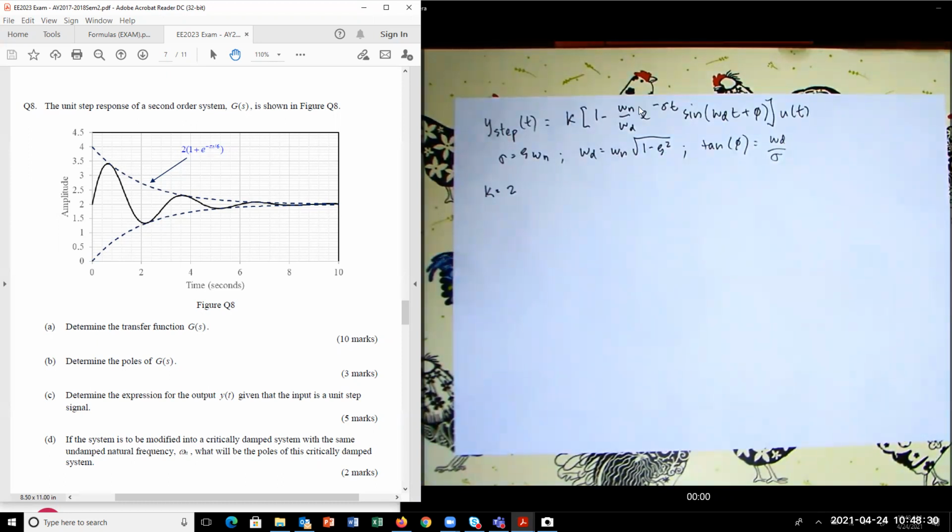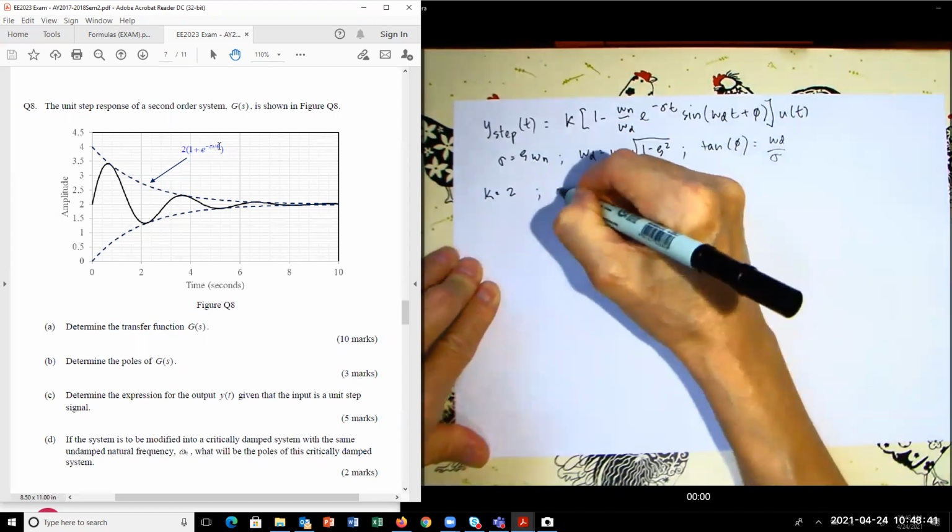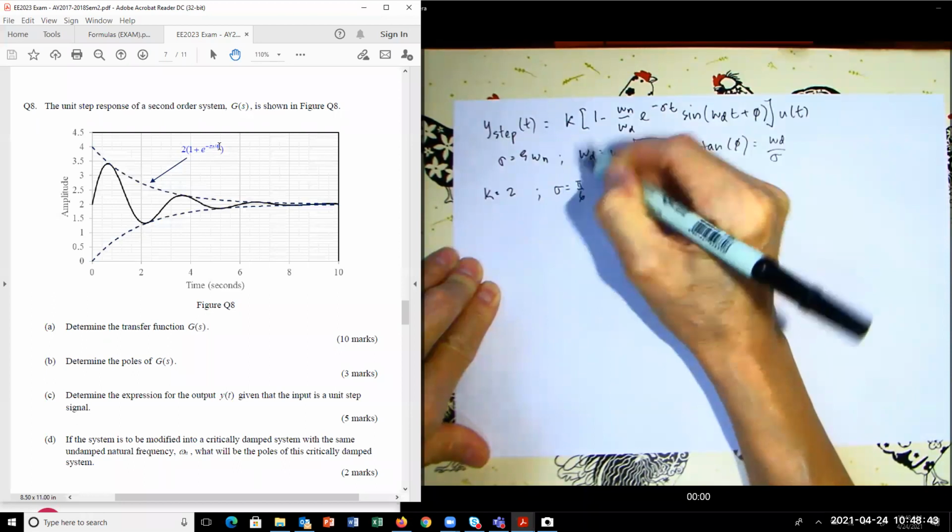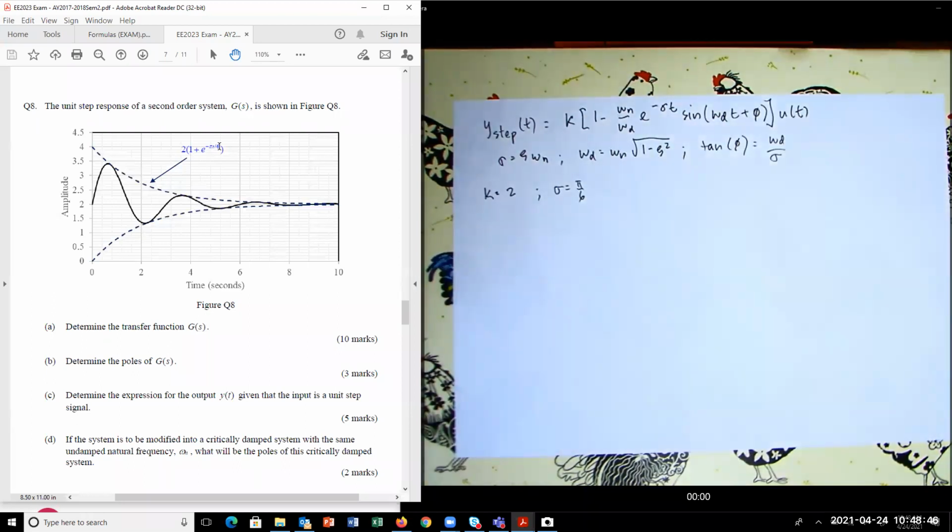Then you see e to the minus sigma t, and you're told that you have e to the minus pi t over 6. So that means we also know sigma is pi over 6. And then we know that the sine wave has a frequency of omega d. So how do I determine omega d?